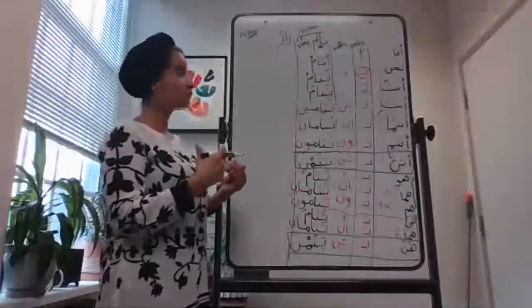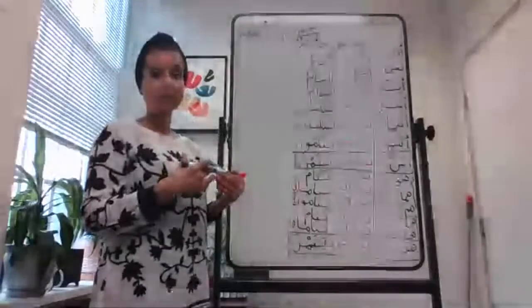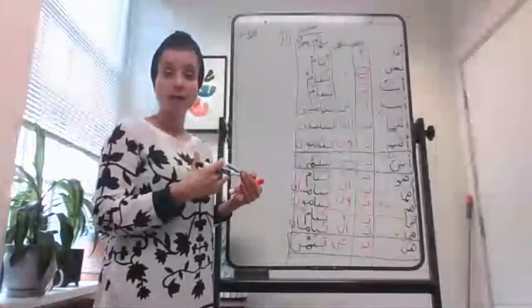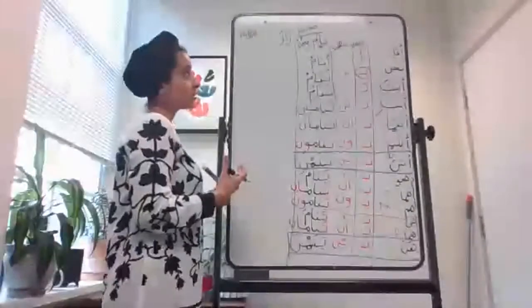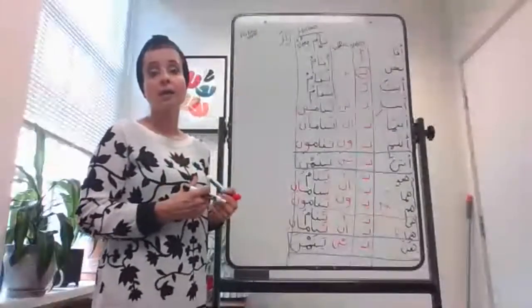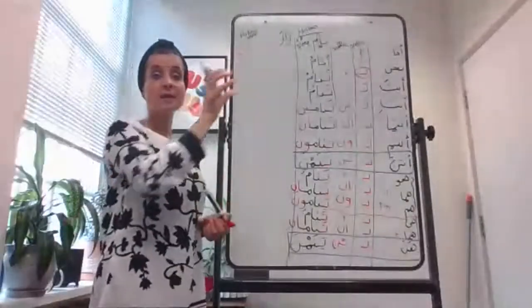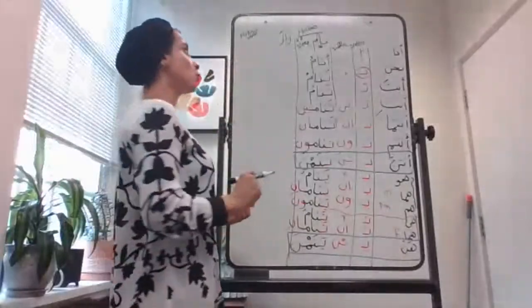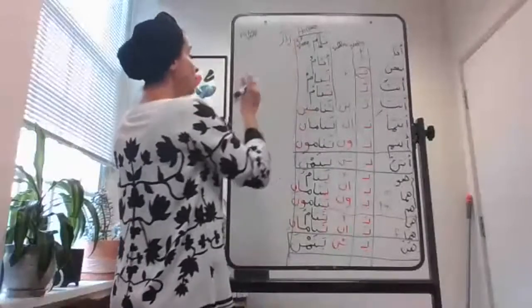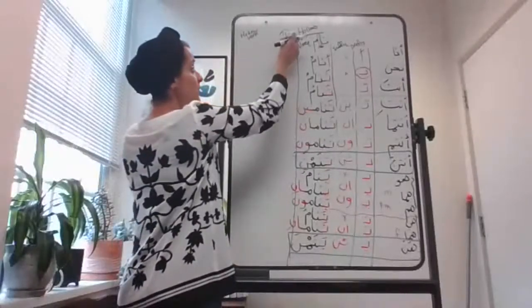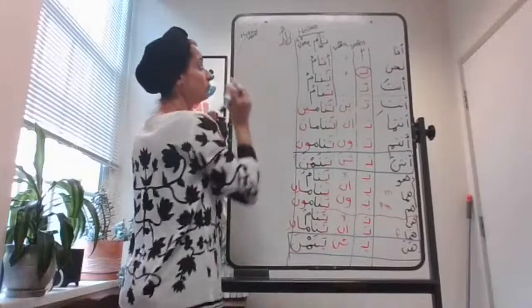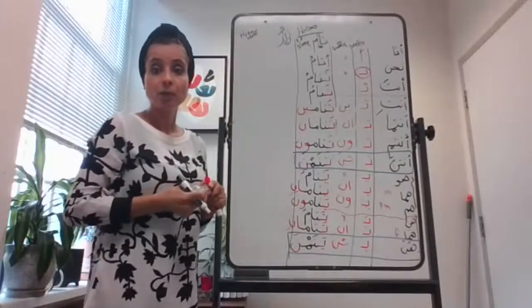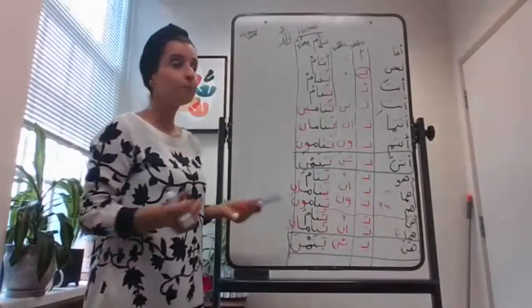The original sound of the alif is waw, and the main form is zawara. How do I know that? After the class, put the verb in the dictionary, and the dictionary will show you that zara turns to zawara. So the alif is originally waw. Now the verb is ready to start conjugating.